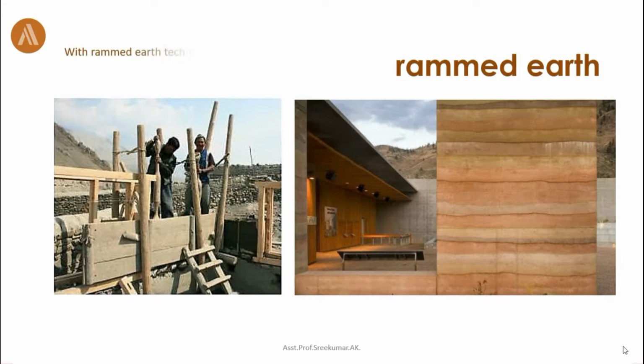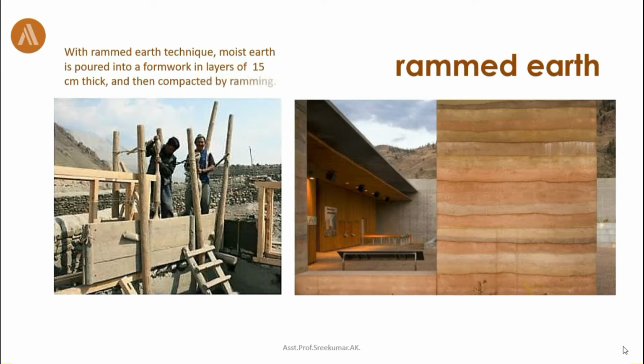With rammed earth techniques, moist earth is poured into a formwork in layers of 15 centimeters thick and then compacted by ramming. Traditional rammed earth techniques are still used in many developing countries. Refined formwork systems and electrical or pneumatic ramming reduce labor input significantly and make rammed earth technique relevant in some industrial countries as well.